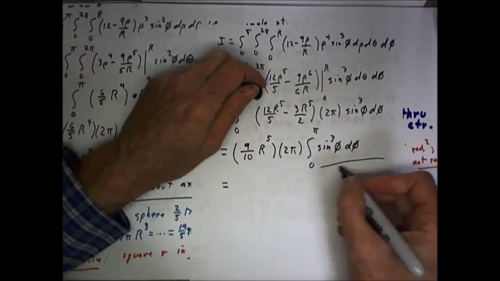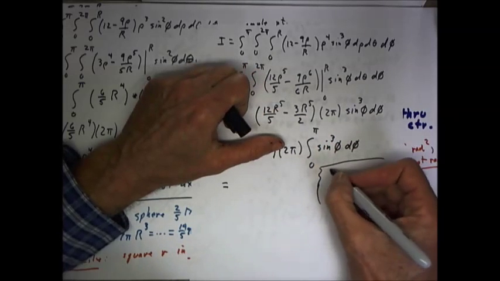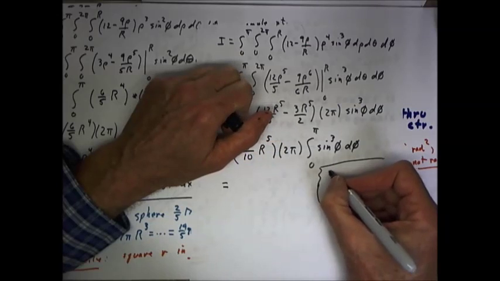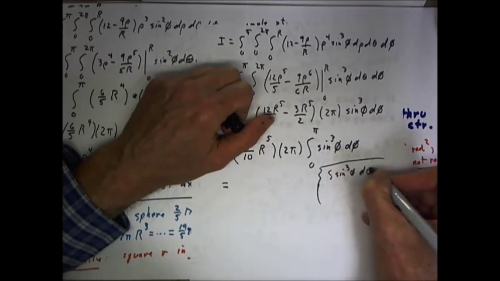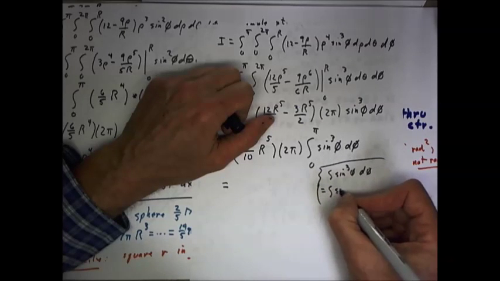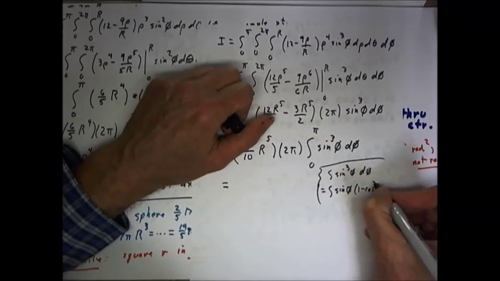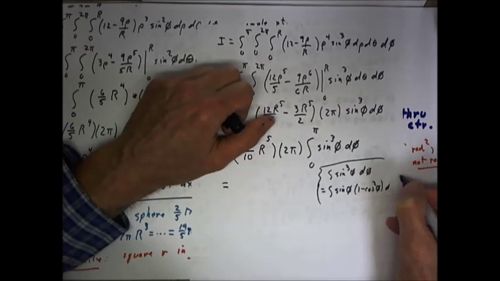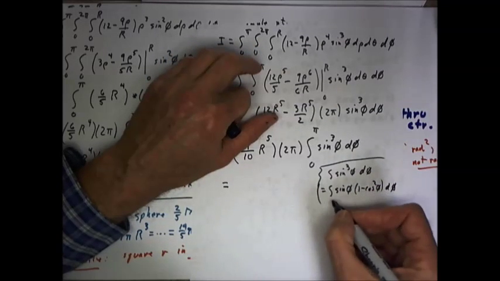So I'm going to box off here and do that integral. Let's just do an antiderivative of sine cubed phi d phi, which equals an antiderivative of sine phi times 1 minus cosine squared phi d phi.